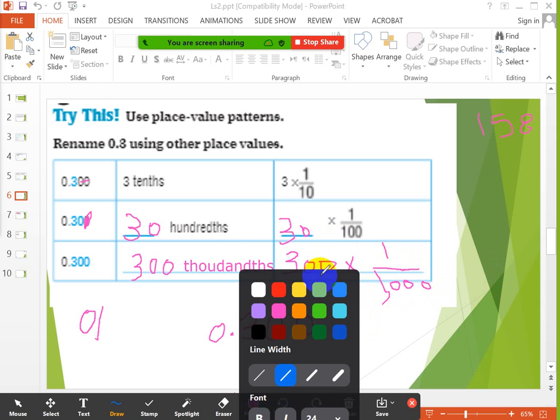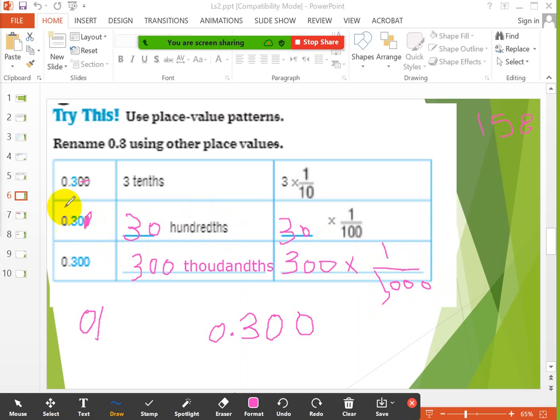Okay? So the three numbers have the same value, but I can write it in different ways. Okay? I can write it in different ways.